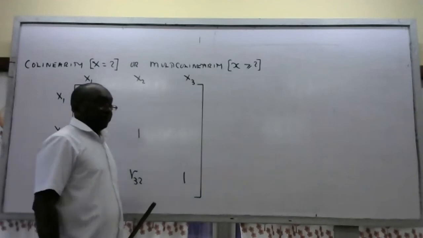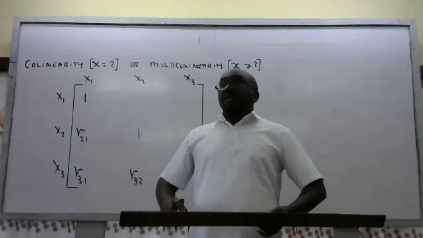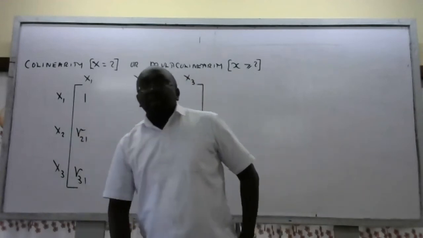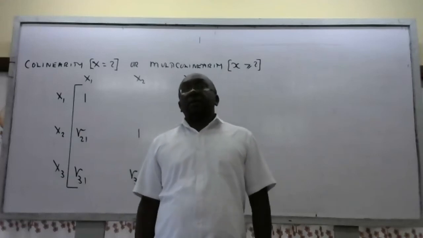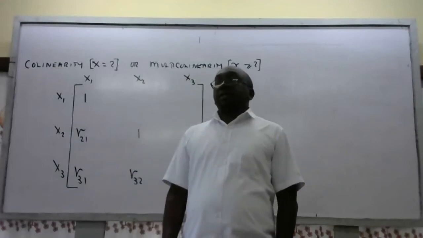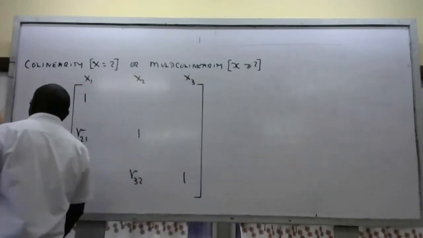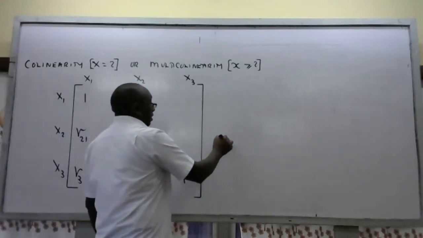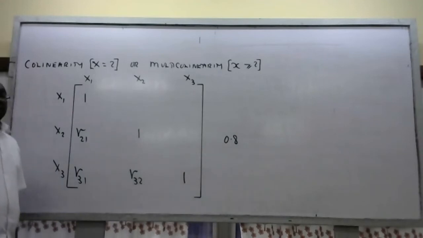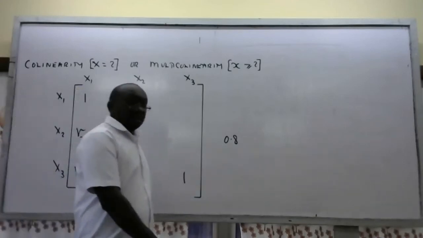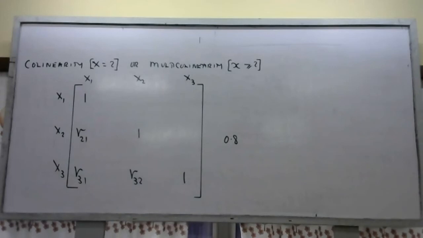Then down there we write that the variables are said to be influencing each other if the correlation coefficient is greater than 0.8.